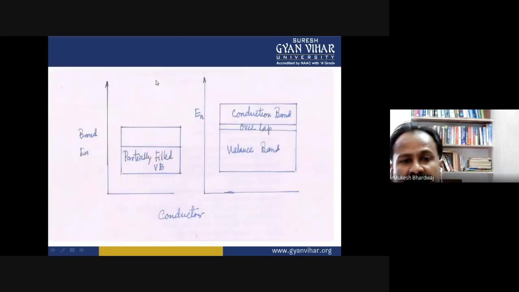So this is the diagrammatic representation of a conductor, in which there is a zero energy gap, or the forbidden gap is zero, because the conduction band and valence band overlap each other.